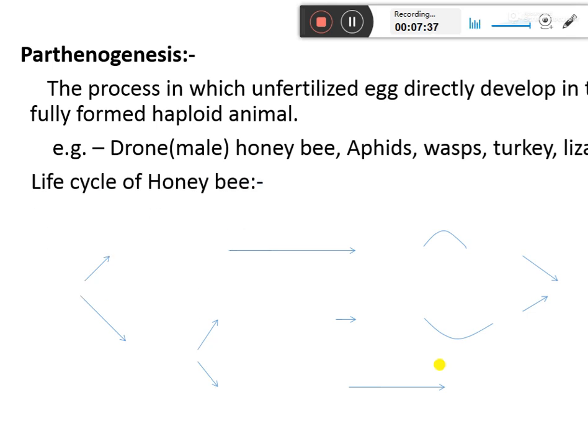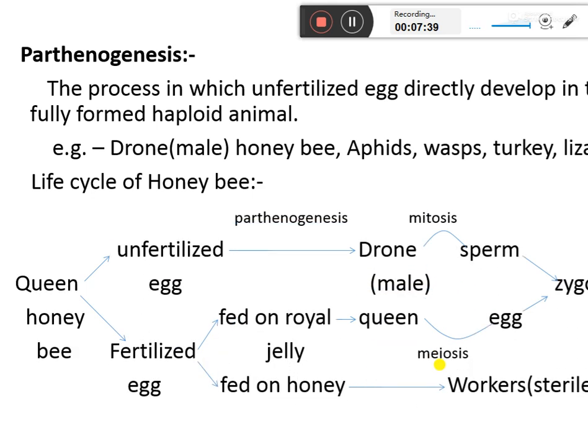If you look at the life cycle of the honeybee, the queen honeybee produces unfertilized egg and fertilized egg. If the egg is fertilized, it is called a fertilized egg, and if the egg is not fertilized, it is an unfertilized egg. It develops into drones parthenogenetically and forms a male bee called drone.